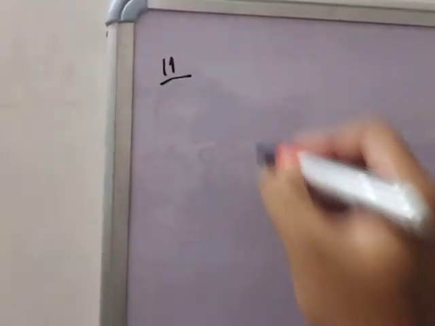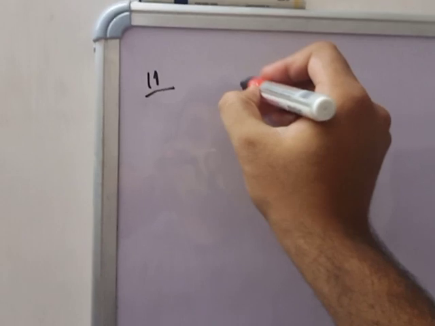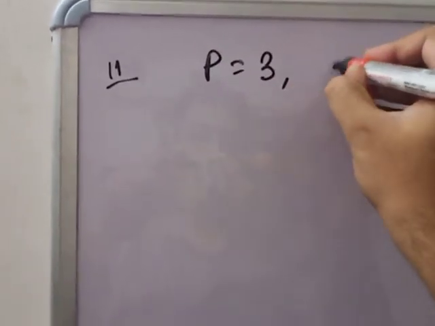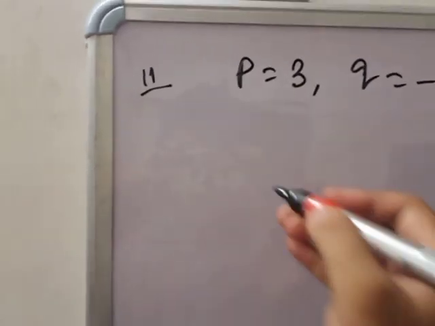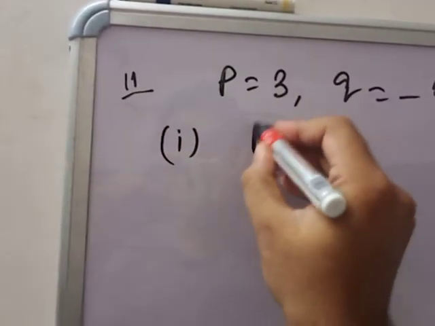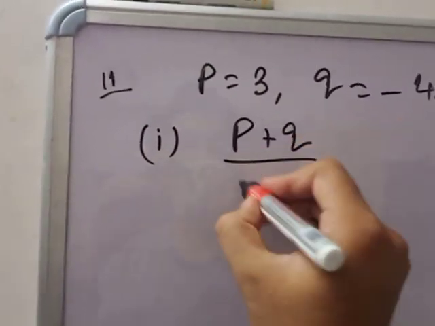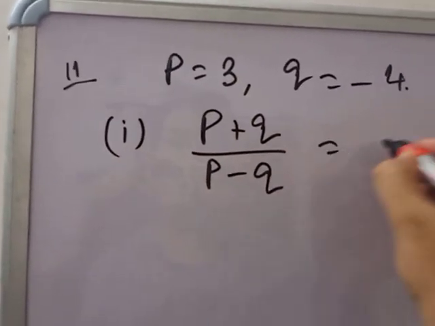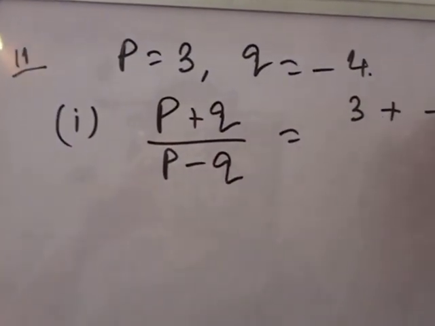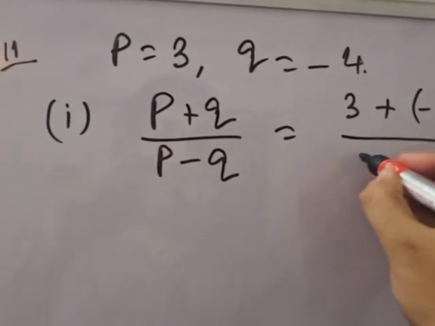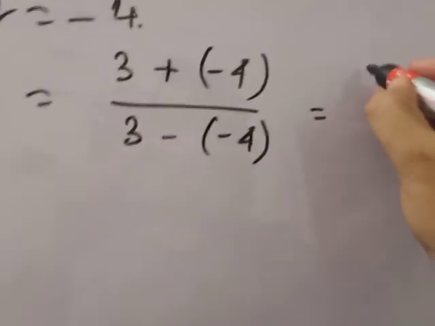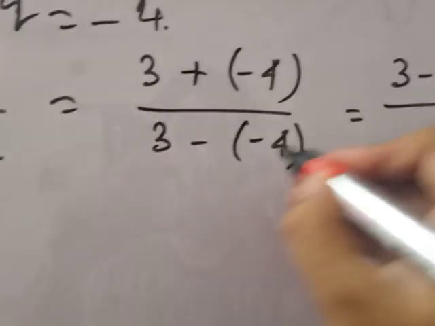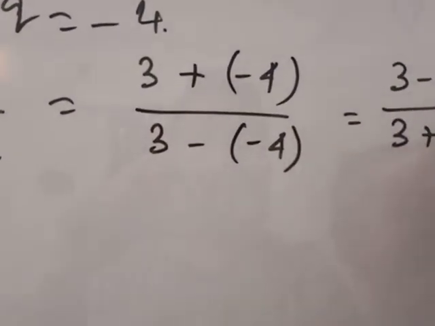Now in number 11, the values of P and Q are given. So P equals 3 and Q equals minus 4. Here we have to find the value of P plus Q by P minus Q. So P plus Q by P minus Q. Plus and minus is minus, so 3 minus 4, minus and minus is plus, so 3 plus 4.